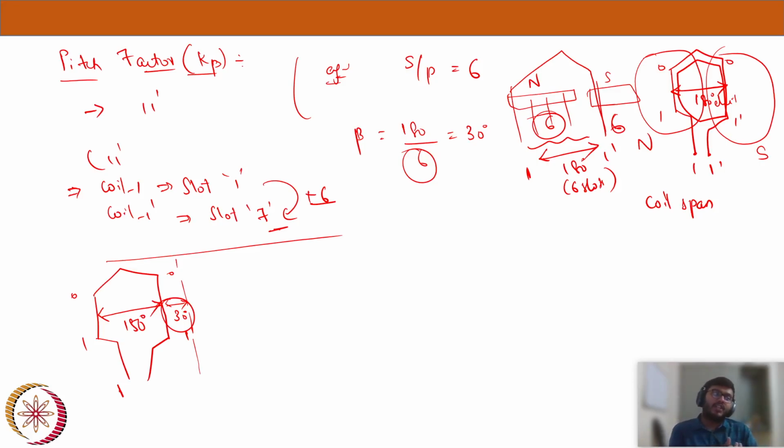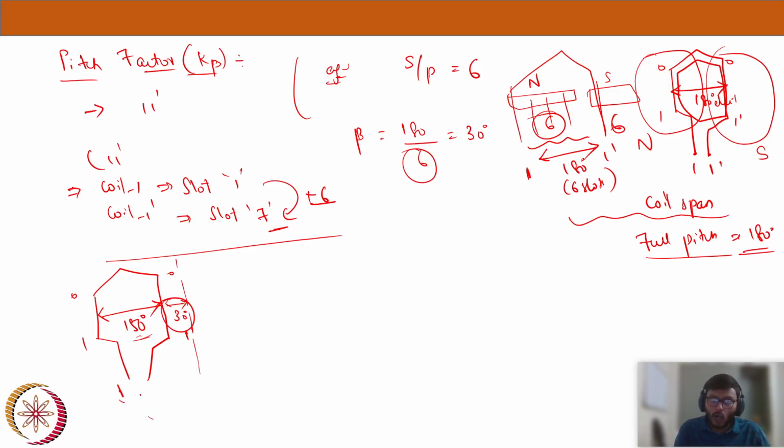If it is a full pitched coil, the coil span will be 180 degrees, and here it is 150 degrees. In the full pitch coil we get the maximum voltage because the sides are under different poles of reverse polarity, and maximum strength will be there.